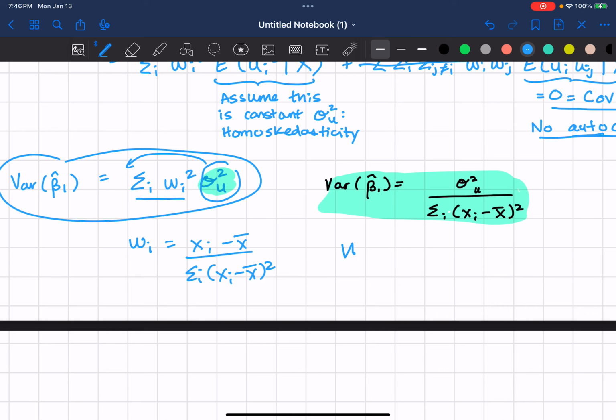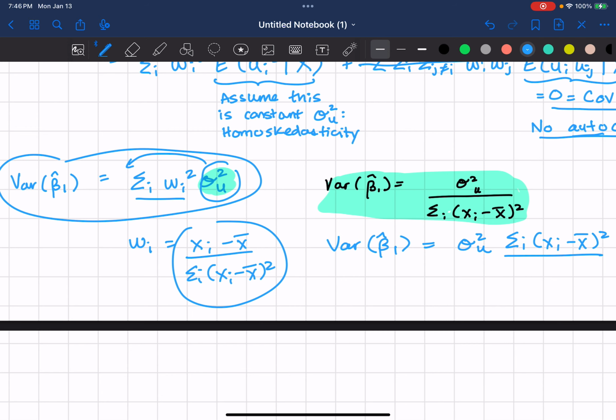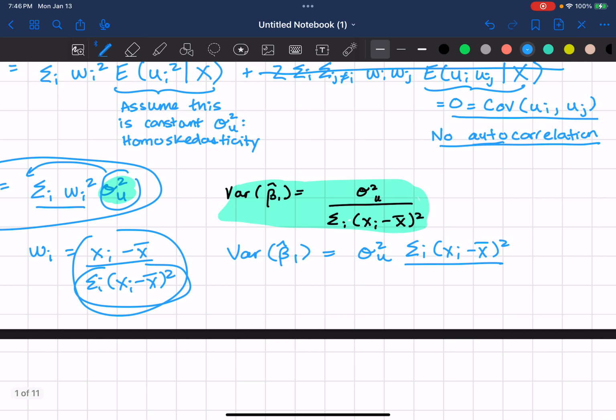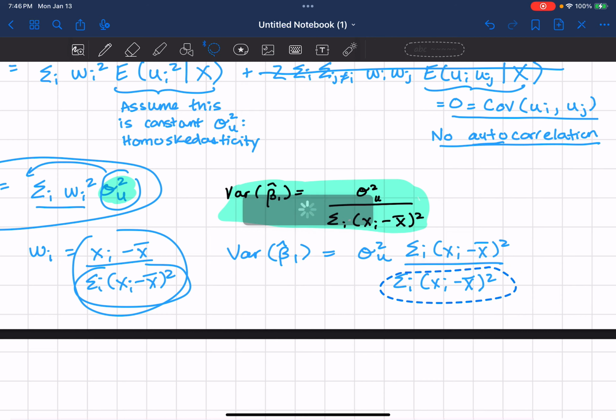So we'll have that the variance of beta hat 1 is sigma squared u, and then we're squaring this, so we'll get sum over i of xi minus x bar squared over, we're also squaring the denominator, so sum over i of xi minus x bar squared, and then another of that, because we're squaring it.